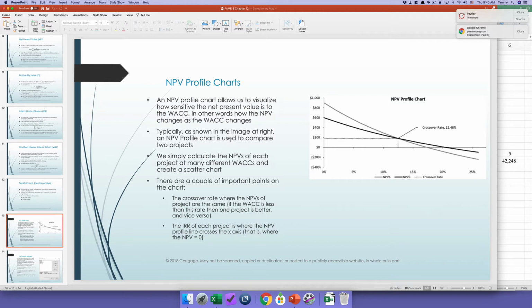And what this does, right, we have on the x-axis the discount rate. And different types of cash flows are going to be differently sensitive to the rate at which you discount the further out cash flows, right?